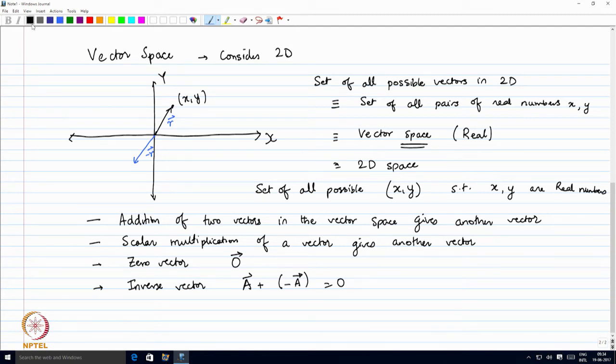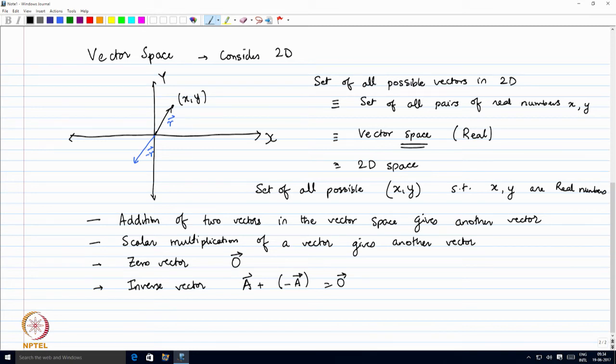So, the condition for something to be a vector space is that you take the collection of all possible vectors, such that you add any two vectors, you get another vector which is also in the vector space, and the vector space has a 0 vector. Because I added A and minus A and I got a 0, which, I should emphasize, is a 0 vector. So, the 0 vector is also a vector in the space, and also there is an additive inverse for every vector.